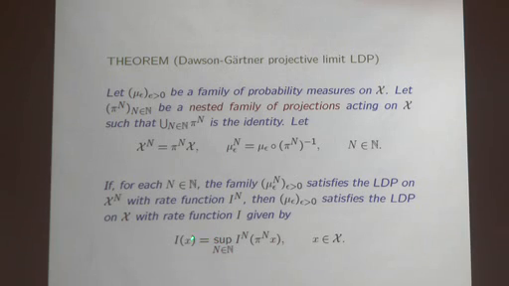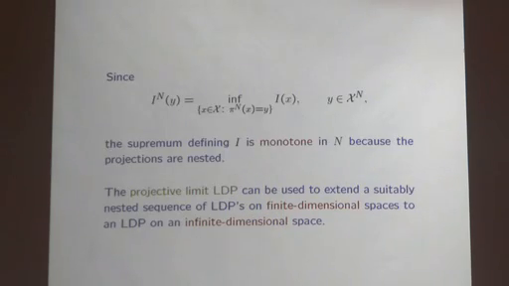And the LDP is just what you get by taking a point x, looking at the projection of this point, looking at the value of the rate function for this finite n at that point, and then taking the supremum over all n's. So it says if you are able to prove that a whole nested family of projected measures satisfies an LDP for every choice of the projection, then the original family must also satisfy an LDP with its own rate function that is obtained as a supremum.